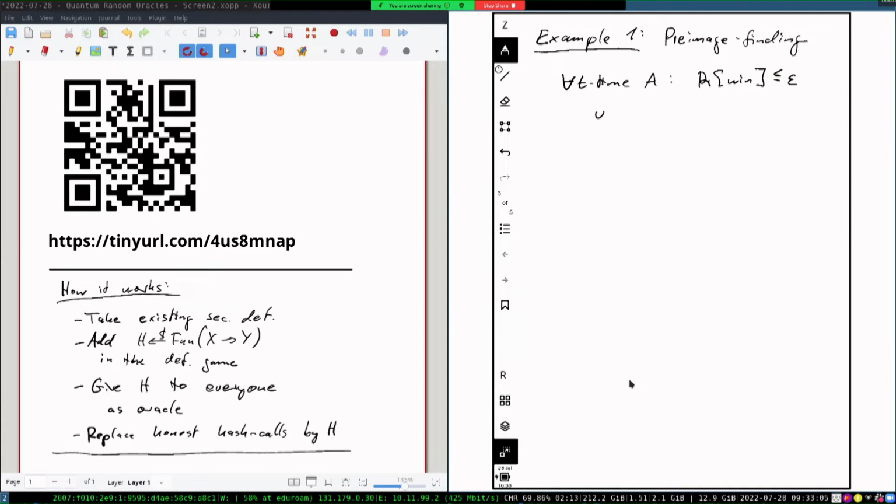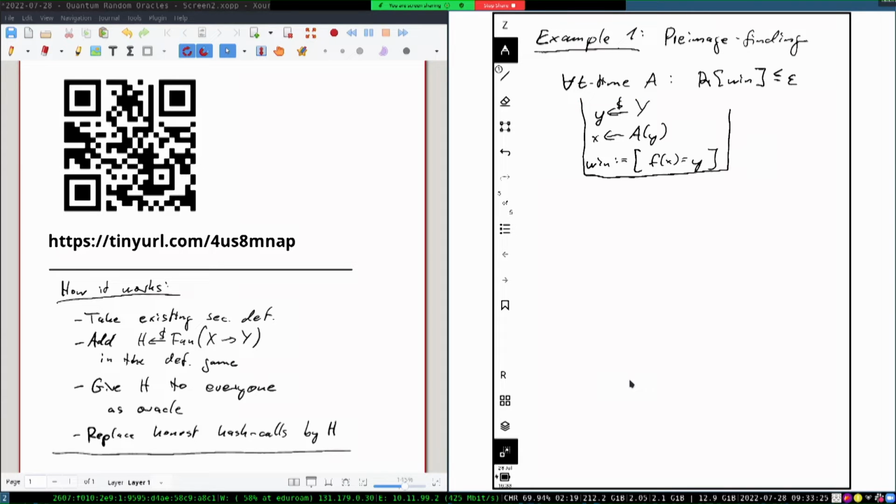In the following game, we pick a random value y, we run the adversary with input y, and we set the flag win to true if f of x equals y.